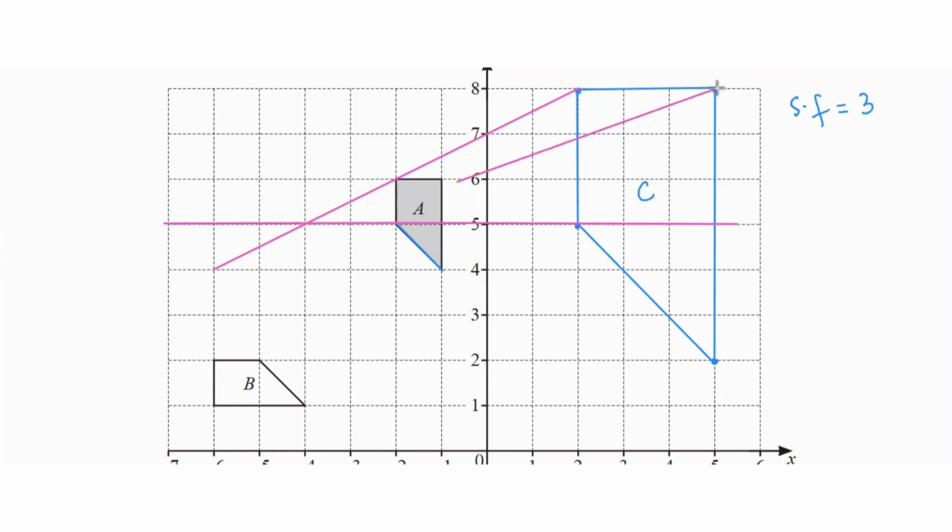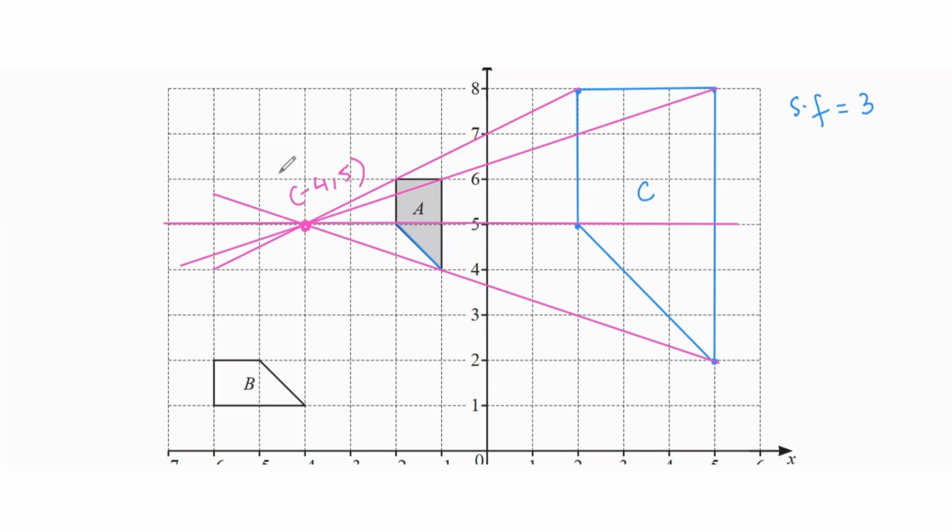And if you notice, all of the points that are connected with the line are passing through this. They're intersecting at this point, which is negative 4 and 5. So the point where they're all intersecting, that's the center of enlargement: negative 4 and 5. So that's how you find your center of enlargement.